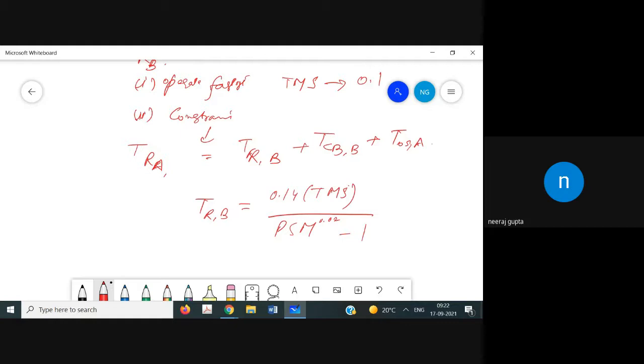So this is the operating time of relay B.